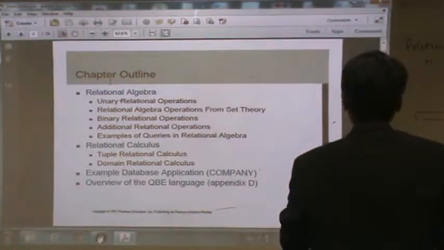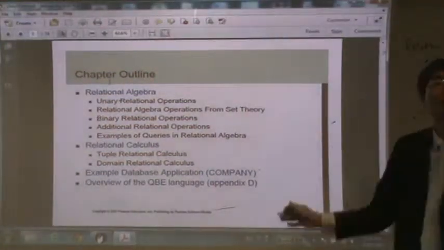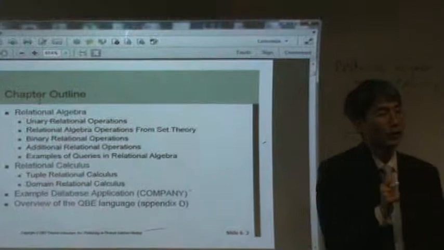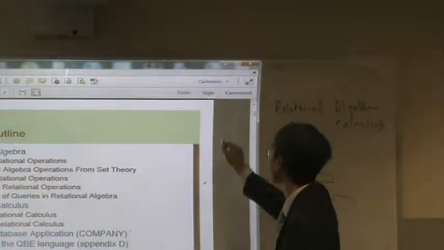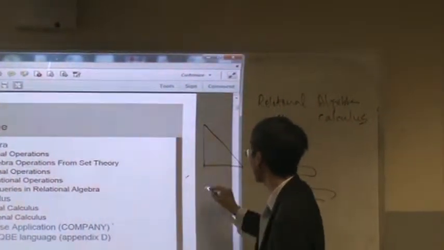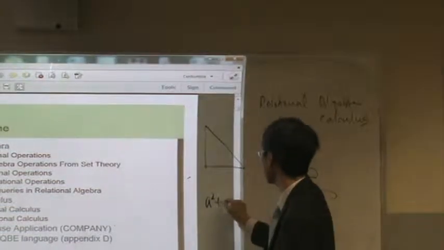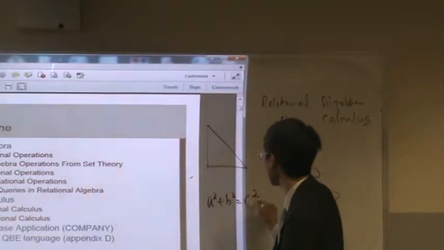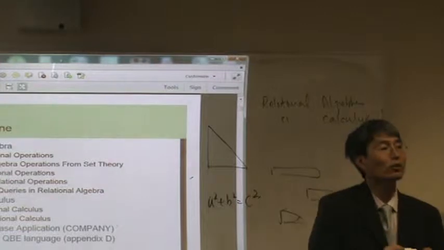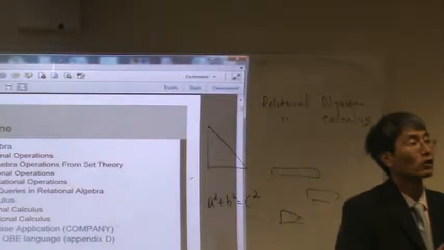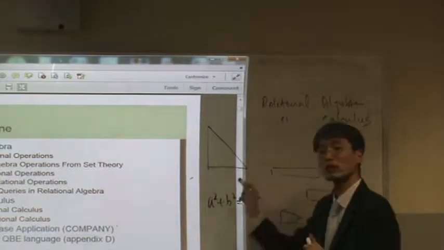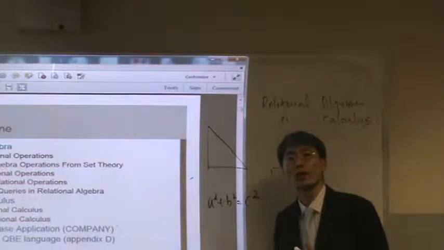One example of such a difference is the Pythagorean theorem. What is the Pythagorean theorem? a squared plus b squared is c squared in the case of a right triangle, right? We can prove this using an equation.